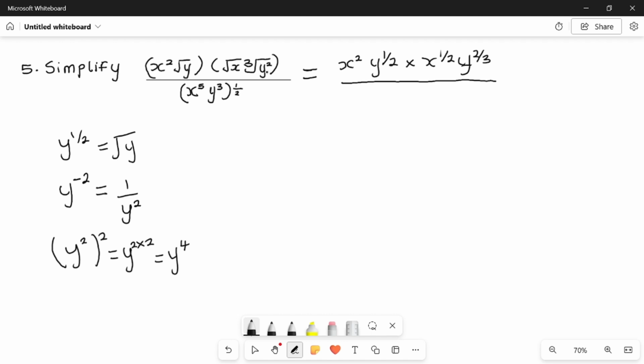Now for the denominator, we have x raised to power 5 and y raised to power 3, all raised to power 1 over 2. So it's the power of a power law we apply here.